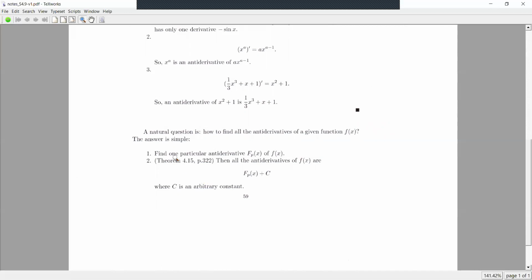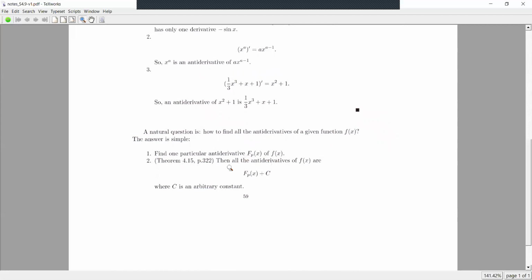Step 1, find one particular antiderivative of the given function. Let me use this notation to denote that particular antiderivative. Here, P means particular.